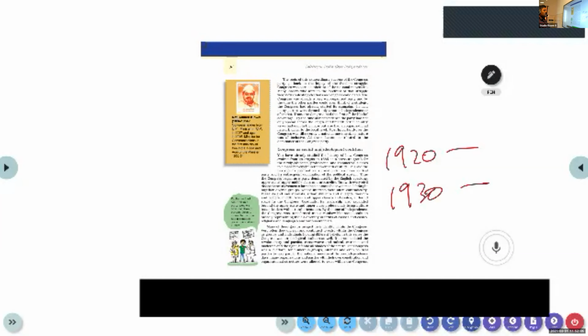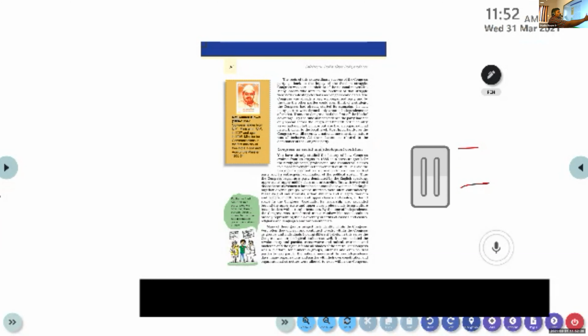So, subsequent domination of the political system: the Congress began as a party dominated by the English-speaking, upper caste, upper middle class, and the urban elite. But with every civil disobedience movement which launched, its social base widened. Because of the civil disobedience movement organized by Mahatma Gandhi, the social base of this party widened. It means a number of common people started cooperating with the Congress party.